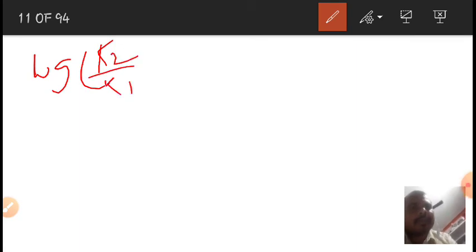Log A plus log B is equal to log AB. Log A minus log B is equal to log A by B.